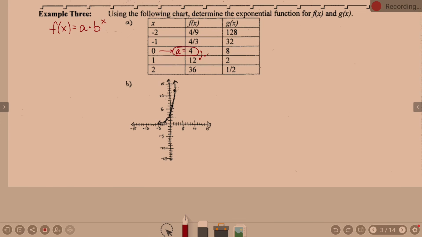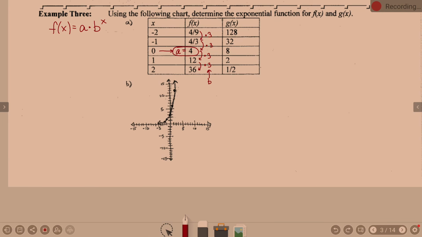Times 3. 12 to 36? Times 3. Does that hold true up at the top? This one's easiest first. 4/3 times 3, the 3's would cancel, you'd get 4, wouldn't you? Yeah. And if you check 4/9 times 3, a 3 would cancel, you'd get 4/3. So that 3 is my b value.